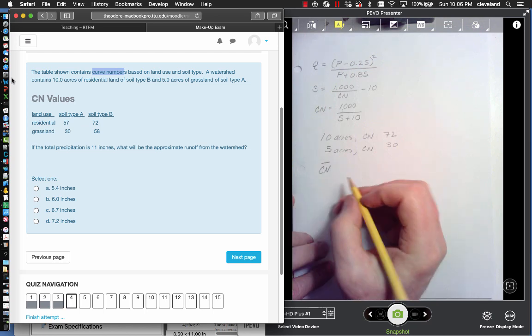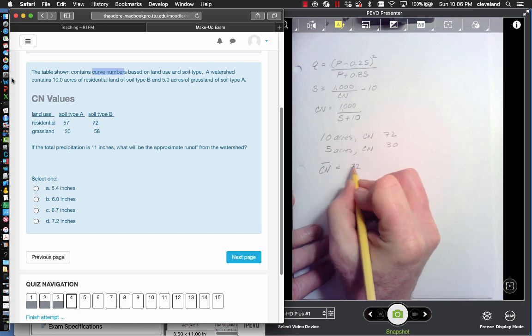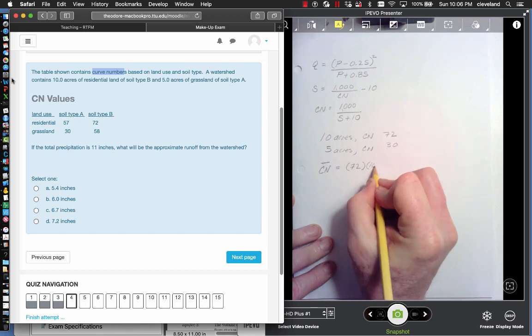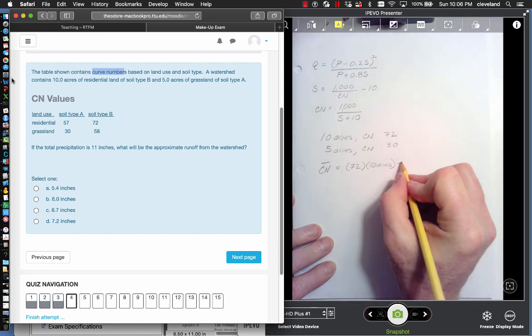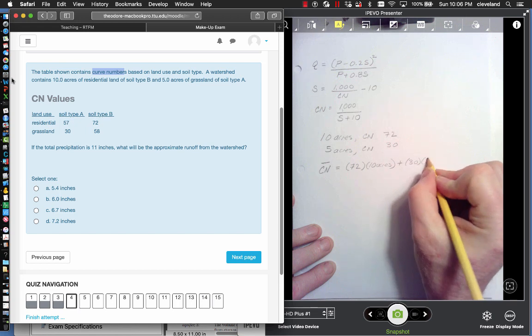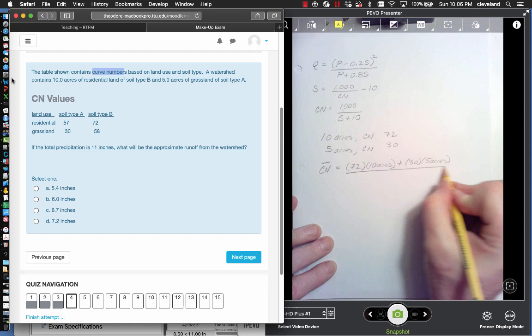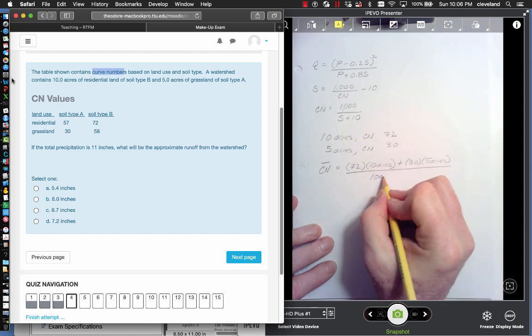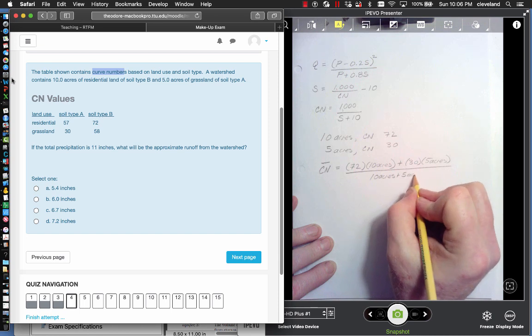I'm going to use a composite curve number. So the composite curve number is the curve number 72 multiplied by 10 acres for the first partition, and the curve number 30 multiplied by 5 acres for the second partition, divided by the sum of the areas, 10 acres plus 5 acres.